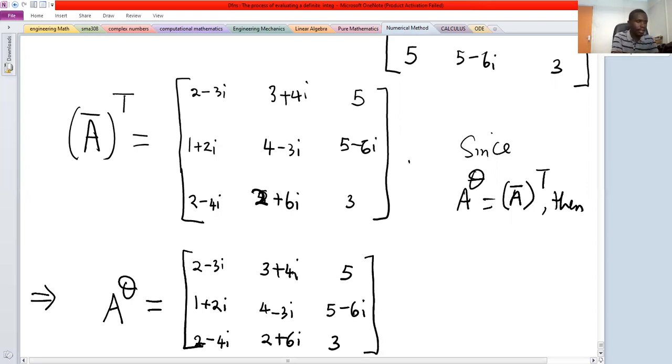So that is the A raised power theta matrix for the problem given.